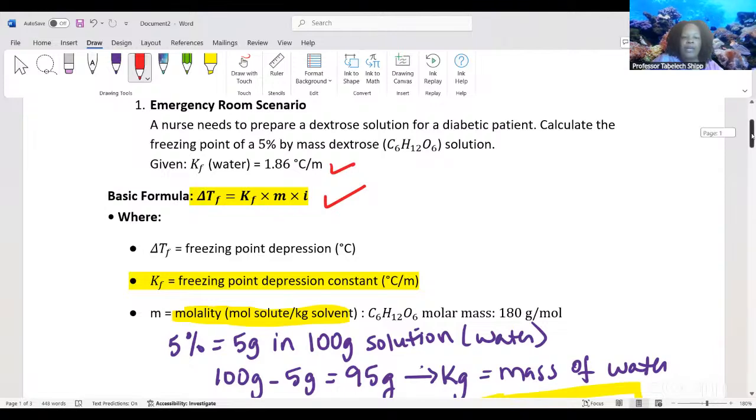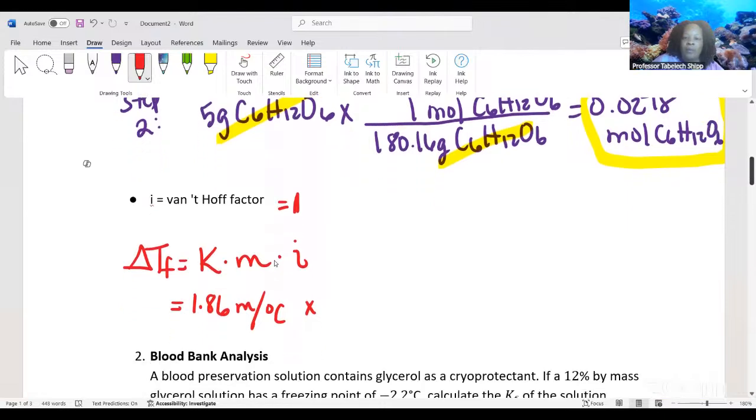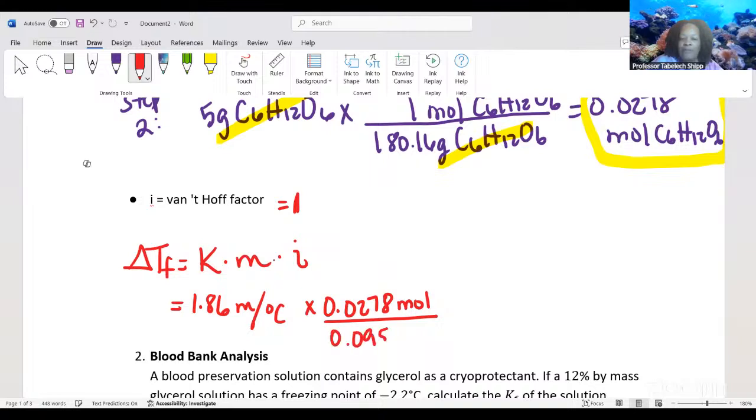And then to get the molality, I'm going to take the moles that we calculated earlier, 0.0278 moles over 0.095 kilograms. These two right here, the moles and the kilograms, that's equal to molality, like that funny-shaped m, just FYI. And then times 1, the van 't Hoff constant that we told you about earlier.